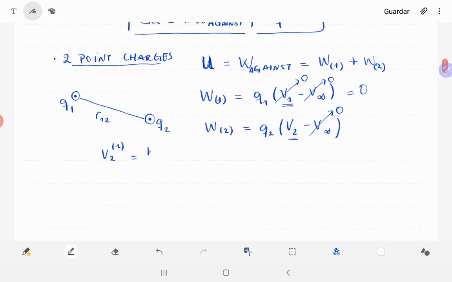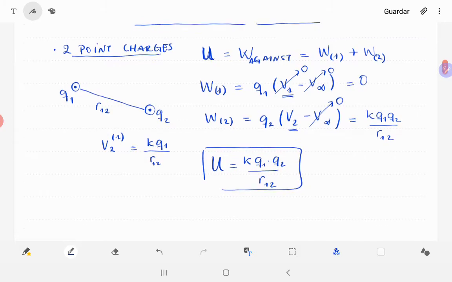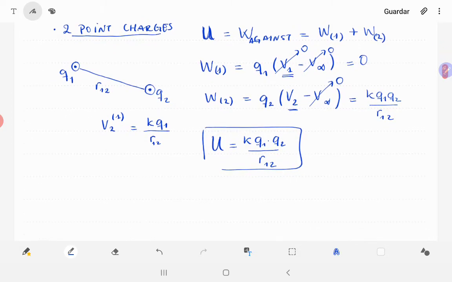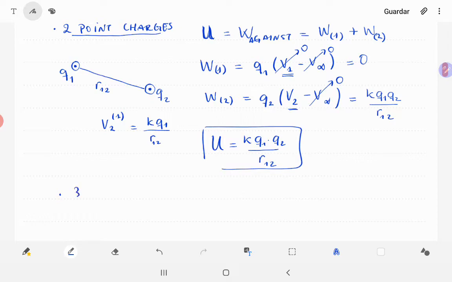This is given by K Q1 over R12. So this is going to be K Q1 Q2 over R12. So the electrostatic potential energy of a system of 2-point charges is going to be given by K Q1 Q2 over R12. Now we're going to complicate things a bit further, and we're going to bring a third point charge.